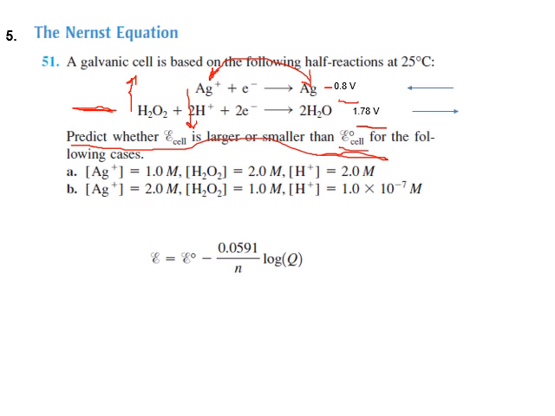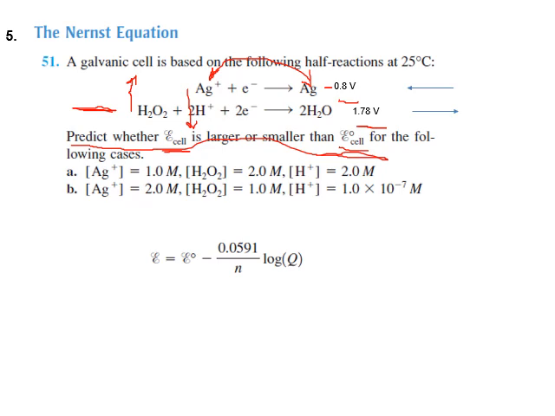The cell voltage, however, can change. It can be larger than 1 volt, or it can be smaller. It can go all the way down to 0. So the E without the degree sign is the one that it actually is at this moment. For example, if you've got a 5 volt battery and you've run it halfway down, you're at 2.5 volts. If you keep running it long enough, it'll go to 0.